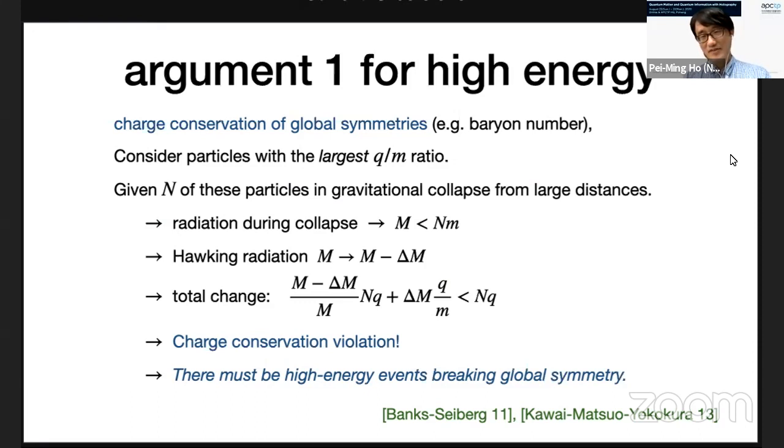So I need an invariant quantity. Does that mean for which observer? For all observers, it doesn't depend on observers. That's right. It doesn't depend on the observer. Observer independent high energy. That's what I need.